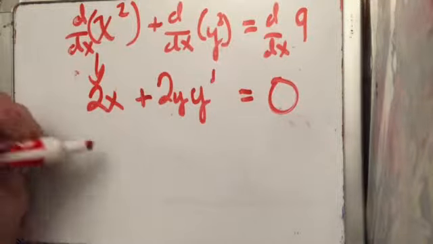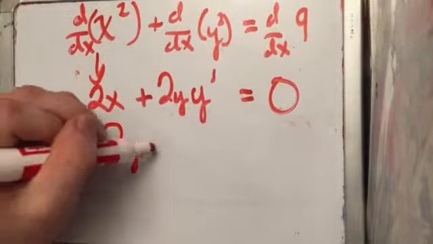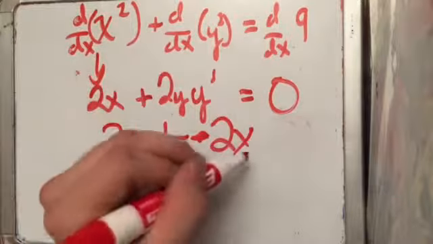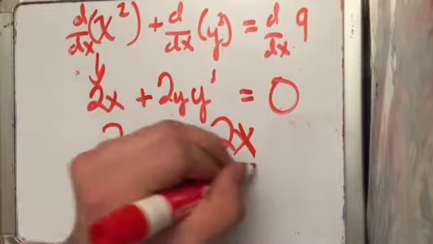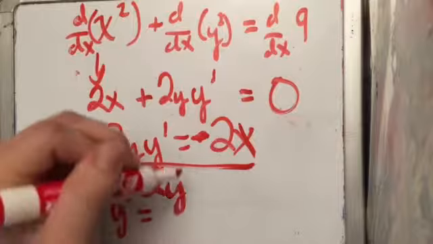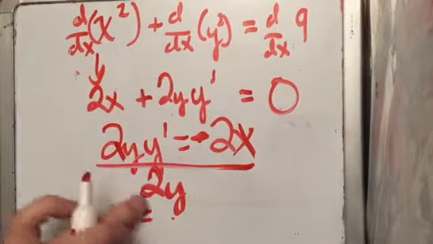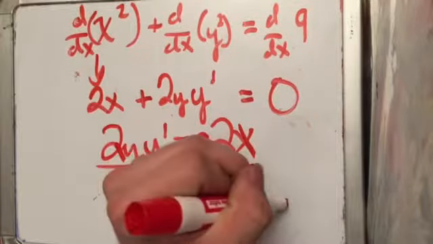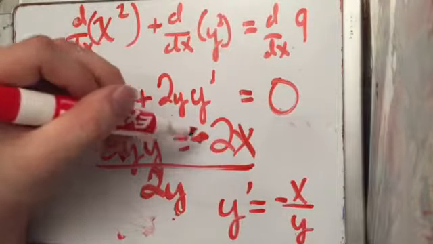So continuing, we need to isolate y prime. 2y y prime equals negative 2x. Then we divide by 2y, and the 2's cancel out. I'll rewrite it over here because we don't have that room. y prime is going to equal negative x over y. The 2's cancel out and the negative stays.